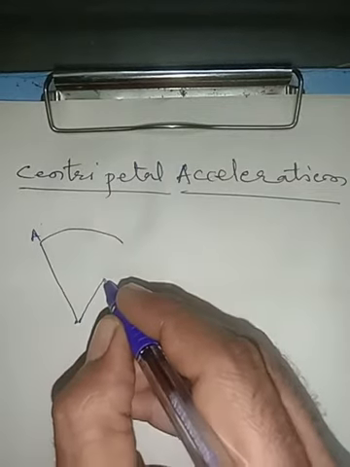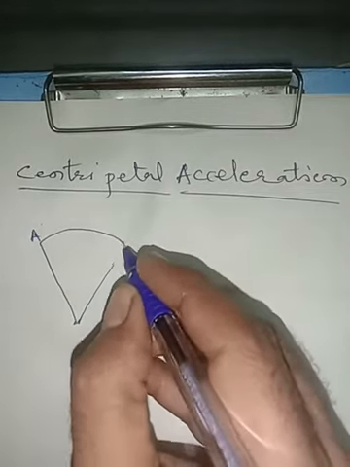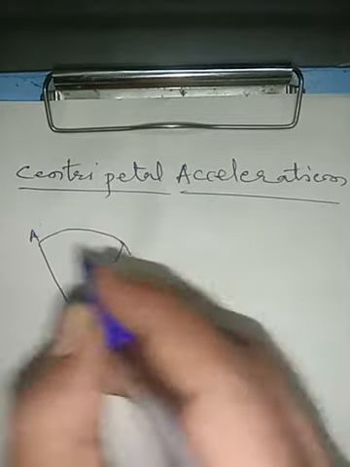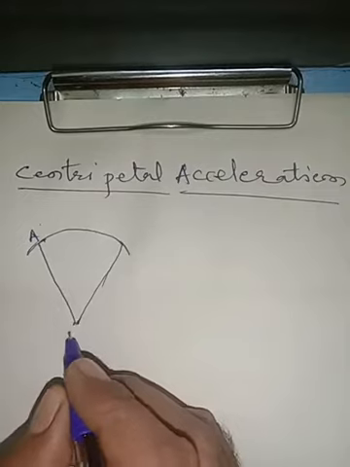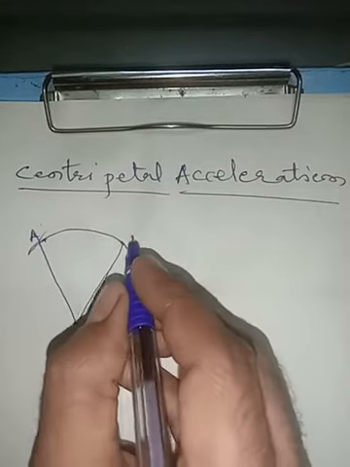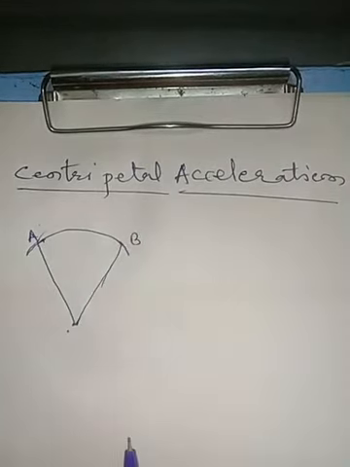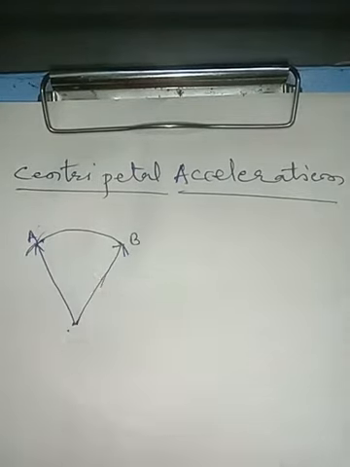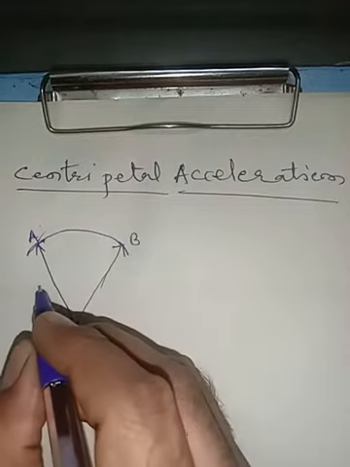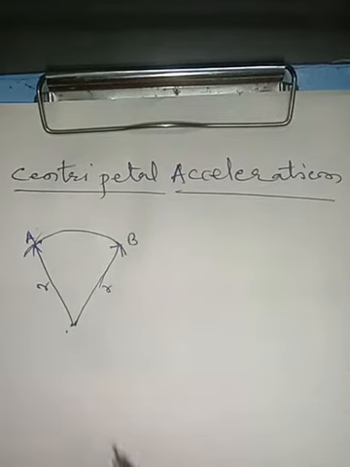The particle starts from A and moves up to B. So this is the radial line, it is taken as R.